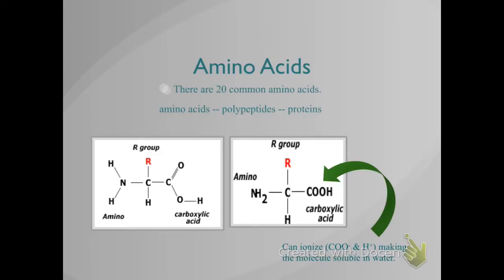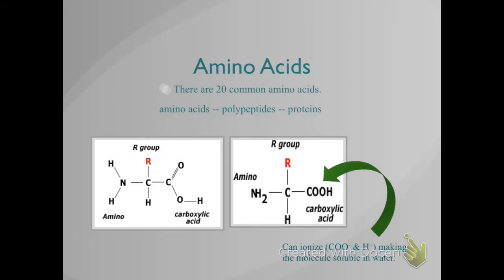So first we're going to start with proteins. Proteins are built out of smaller molecules called amino acids. There are a total of 20 common amino acids found in the proteins of living organisms. And amino acids combine to form what are called polypeptides, which are long chains of amino acids. These polypeptides can then combine and fold in order to form complex proteins.